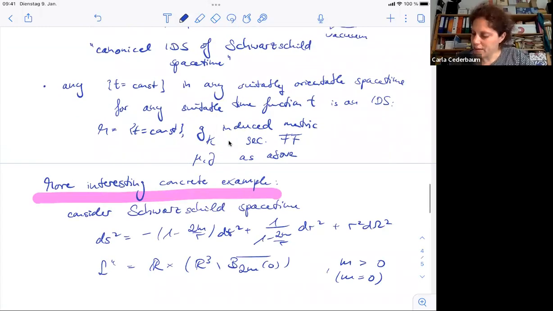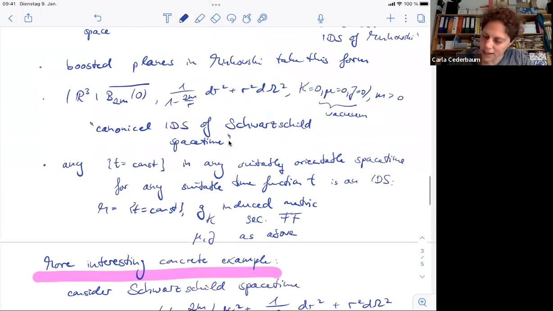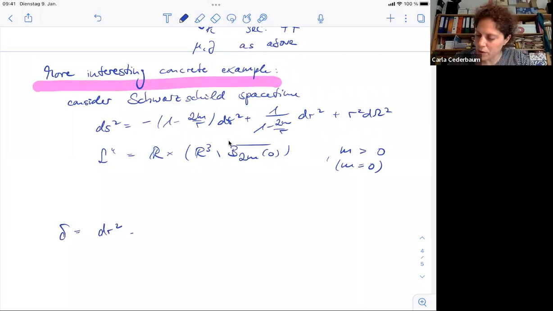So delta, let me write it, I'll erase it again in a second. Delta you can either in spherical polars write like this, or you would write it as dx1 squared plus dx2 squared plus dx3 squared. So that's what delta is. And again, thanks for that question.